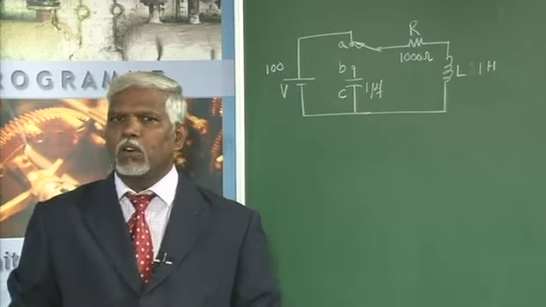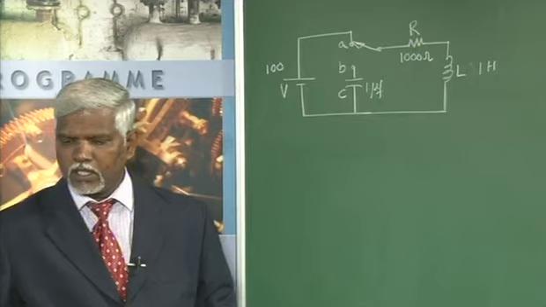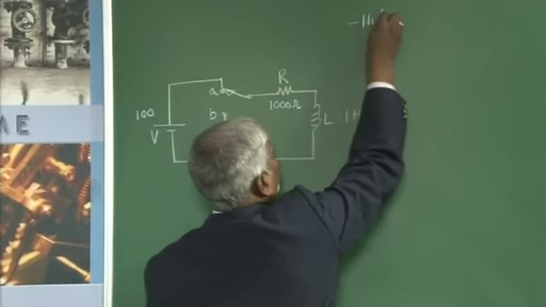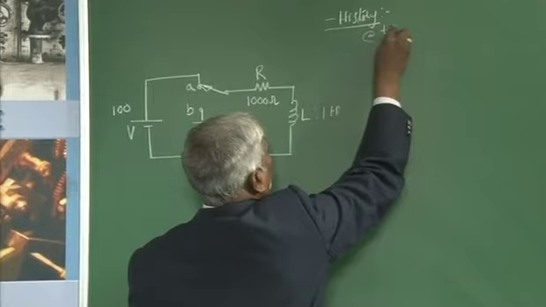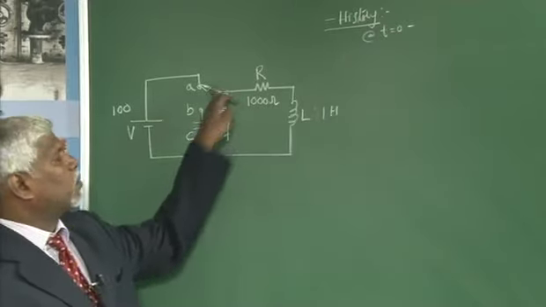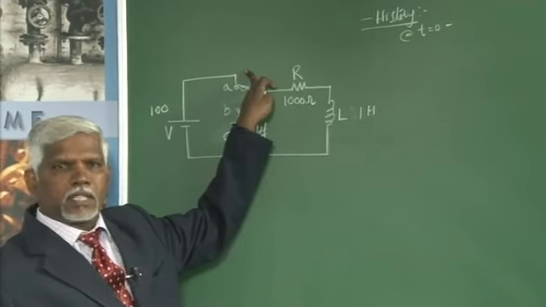So, when it is already at position A and steady state has been established, the first thing is the history of the network. We need to understand the history of the network at t equal to 0 minus. Now, for me 0 minus is before the switch is moved to B, the switch is at A and a steady state has been established.